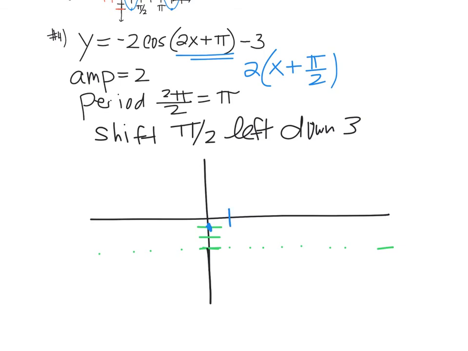So let's go 1, 2, 3, 4. So that's pi over 2. When do we get -3? Is that pi over 4? Pi over 4, we get -3.